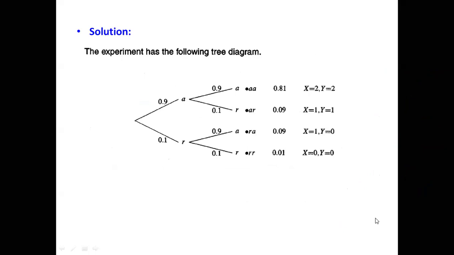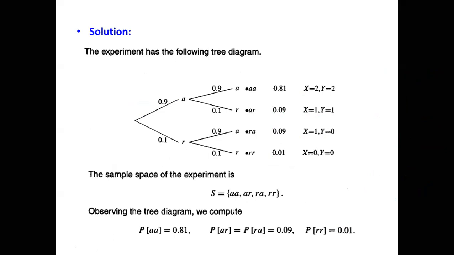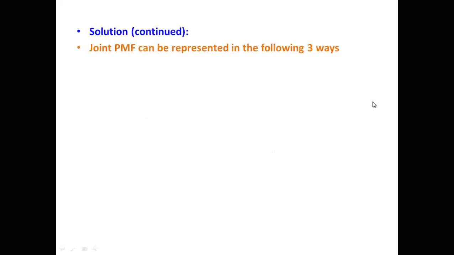This is the tree diagram, and you can see these are the probabilities, and these are the combinations of X and Y. If I want to find the joint PMF, they are telling us we can write it in three ways. Look at this first one. X equal to 0, Y equal to 0, the probability is 0.01.